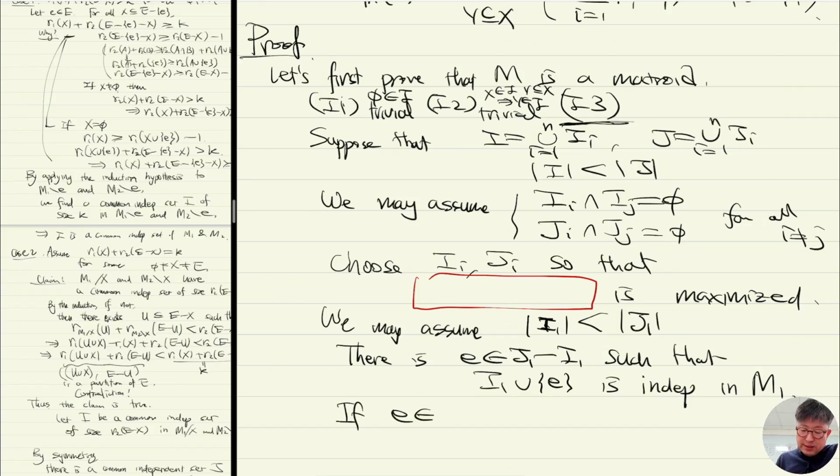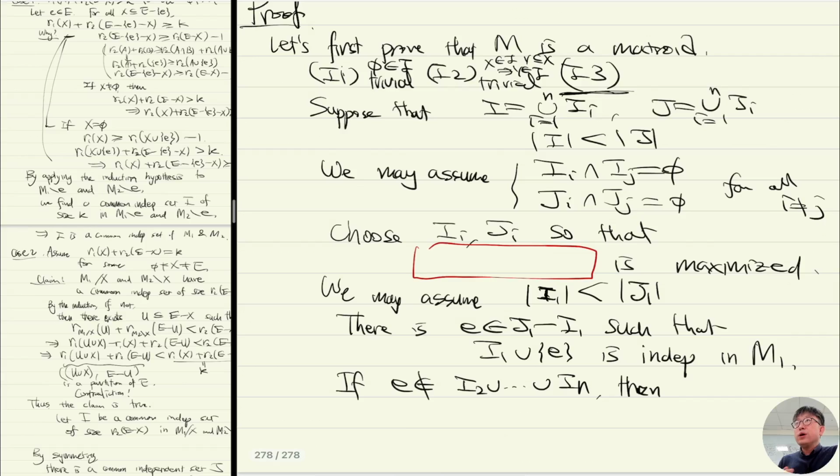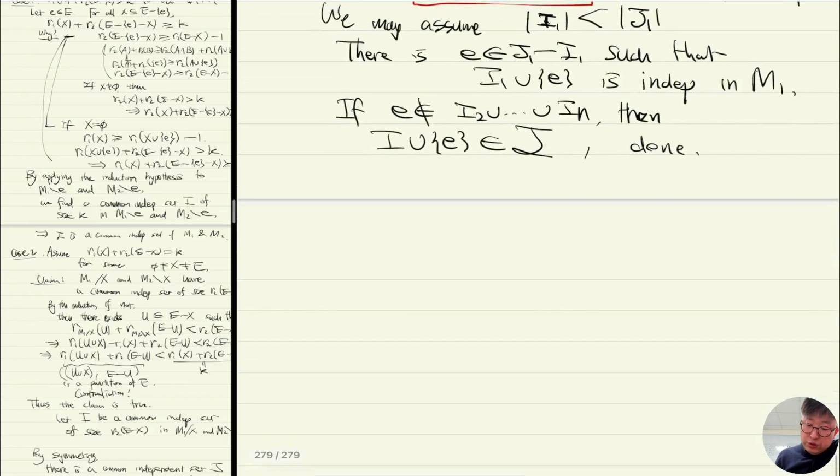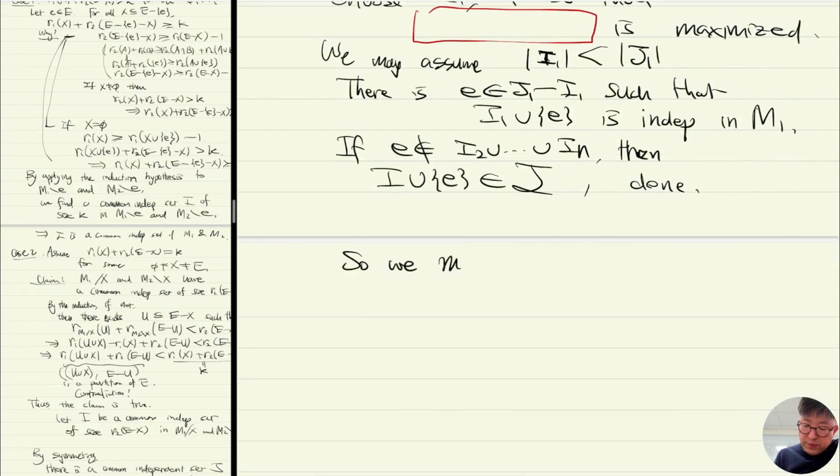If E is not in I2 union up to In, then we are done. Then I union E is an independent set. Done. So we may assume E is in, let's say, Ik for some k between 2 and n.